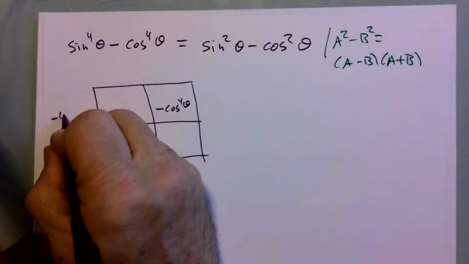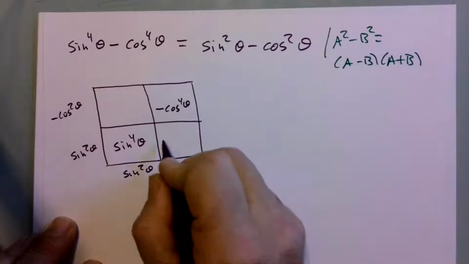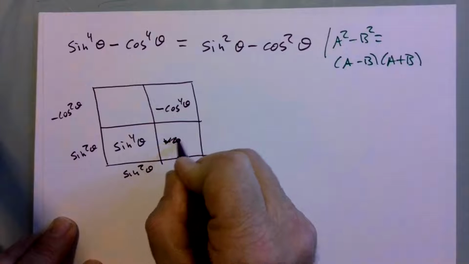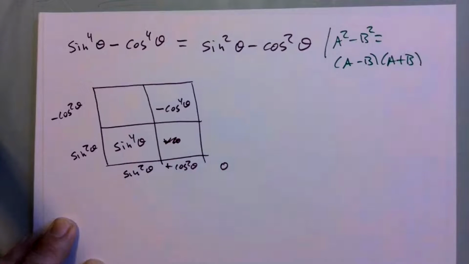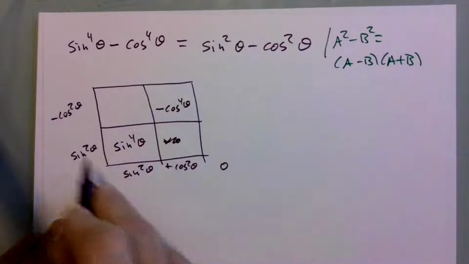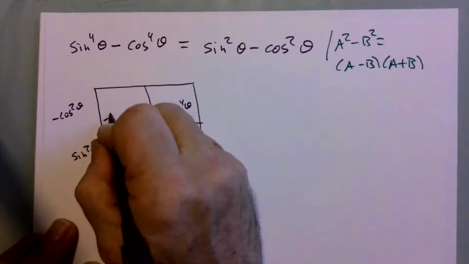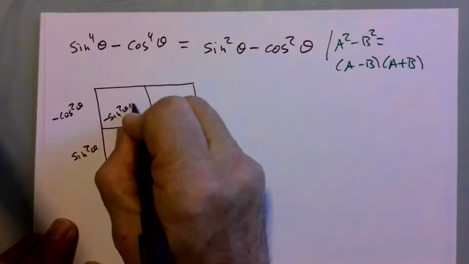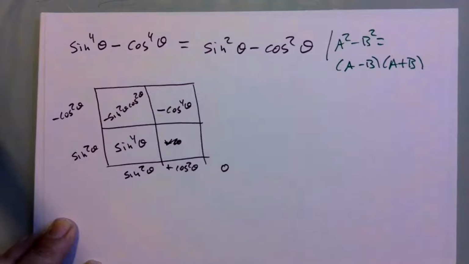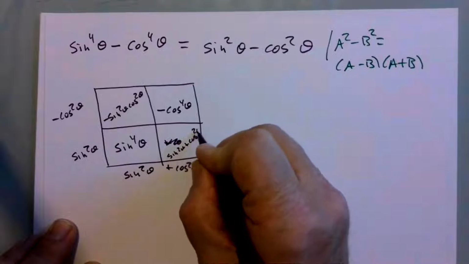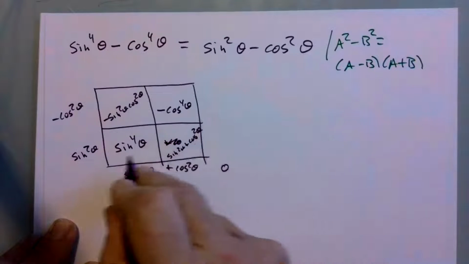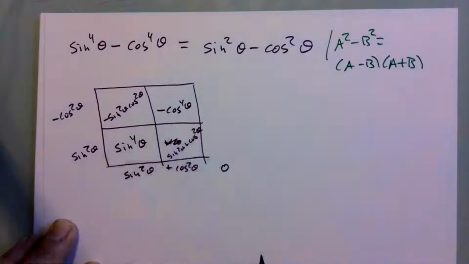That would be negative cos squared theta times positive cos squared theta, where the middle term is 0. So when I multiply this together, negative cos squared times sine squared is negative sine squared theta, cos squared theta, and then sine squared theta plus cos squared theta here. But those guys cancel each other out, and I get sine to the fourth minus cos to the fourth.